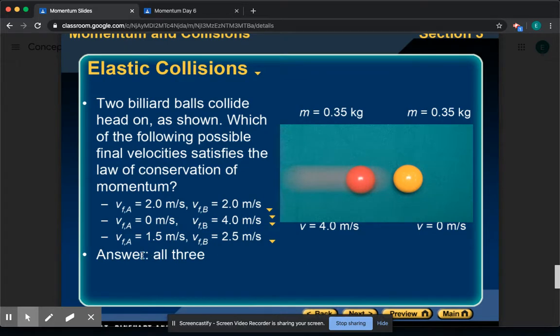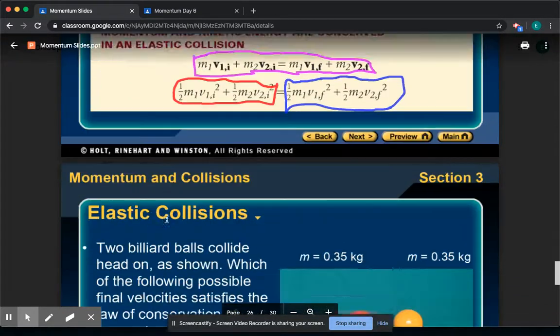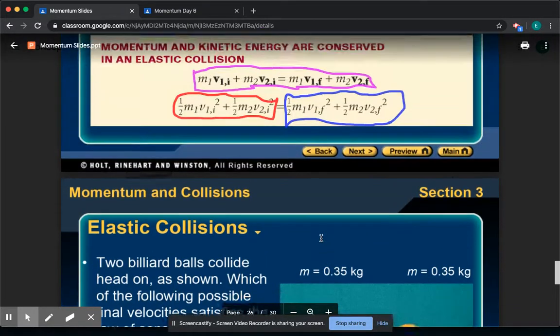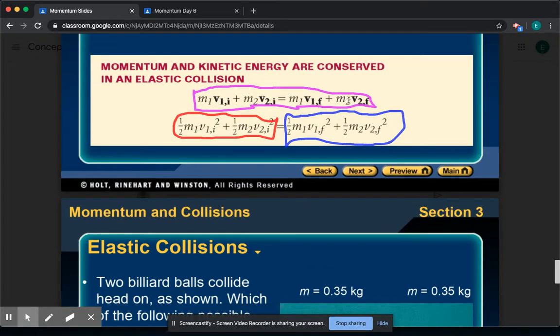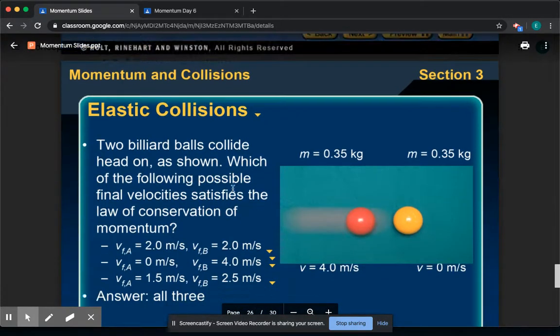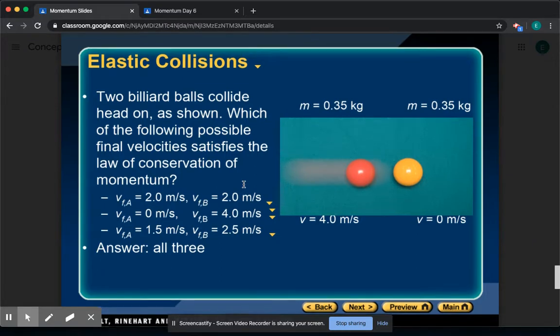This is saying that all three of these answers would work. Why is that the case? Well, it's because if they have the same mass, we have the initial velocities, which will be 4 and 0. Whatever numbers you plug in here for the V1 final and the V2 final, as long as the velocities add up to 4, it'll be fine.